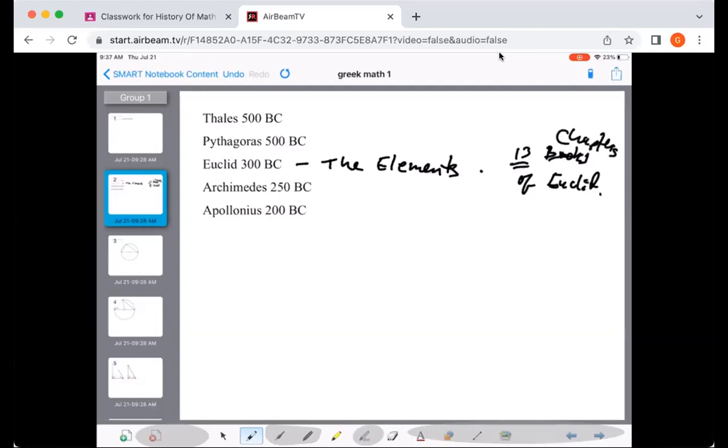And the math that we learn in geometry class in school all comes from books 1, 3, 4, 5, I think, and 6.